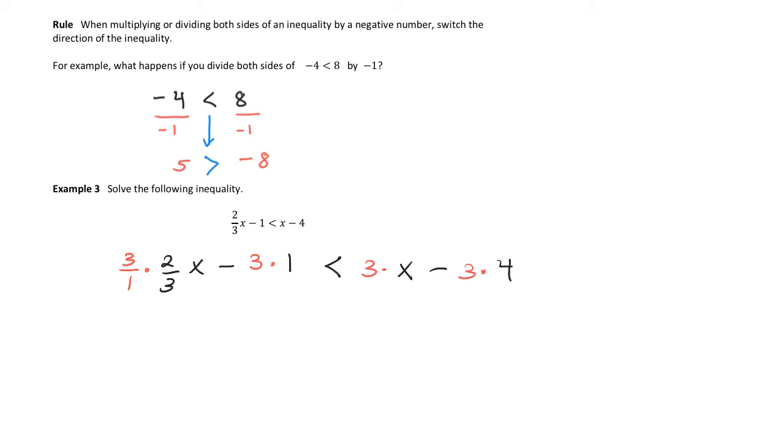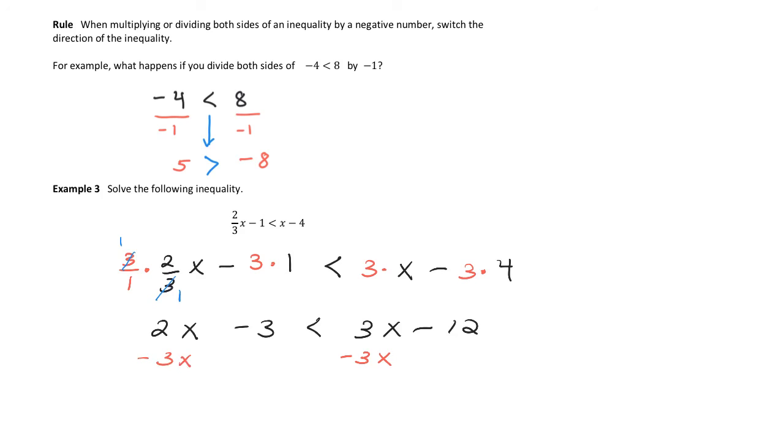So the reason for doing this is I'm canceling the denominator of 3, and I'm left with 2x minus 3 is less than 3x minus 12. So now if I want to solve this thing for x, there's a couple of different approaches you could take, but I think I'm going to subtract 3x from both sides of this.